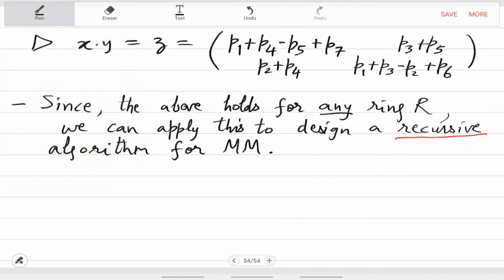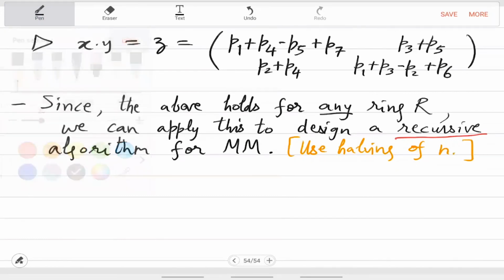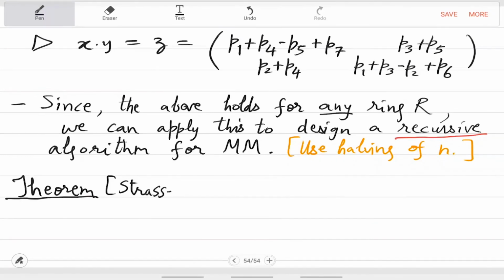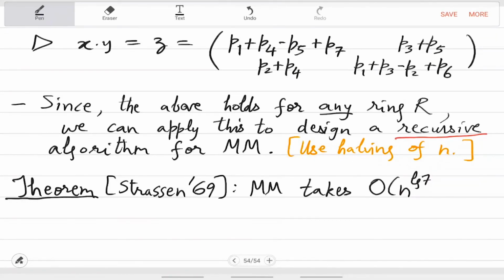So you will get the following theorem by that. Using halving of n, if you do the recursive analysis of the time complexity recurrence, you will get the following theorem: matrix multiplication takes n to the log 7 ring operations.